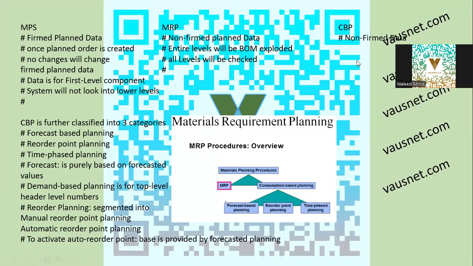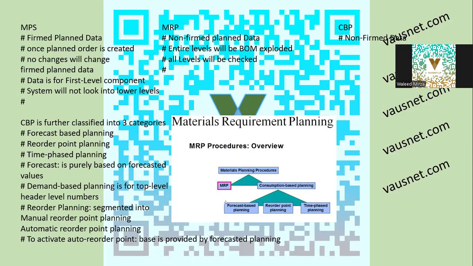MPS, MRP, and CBP. MPS is firm planned data. MRP is non-firm planned data, and consumption-based planning is also non-firm data. Once a planned order is created, no changes will change the firm planned data. Firm planned data means this is the requirement that we have, and this is the quantity, no changes.